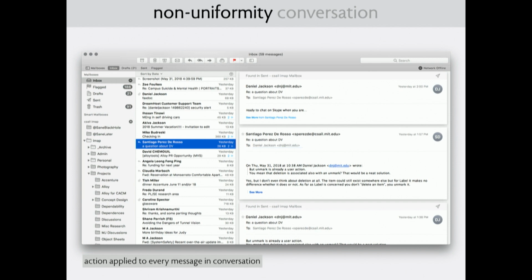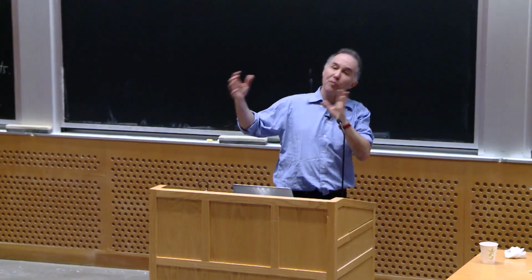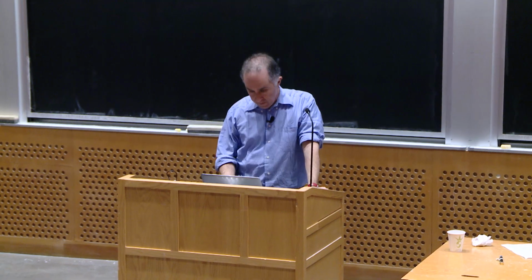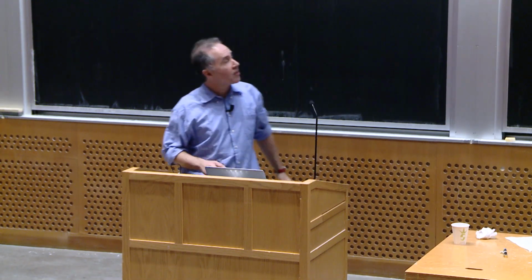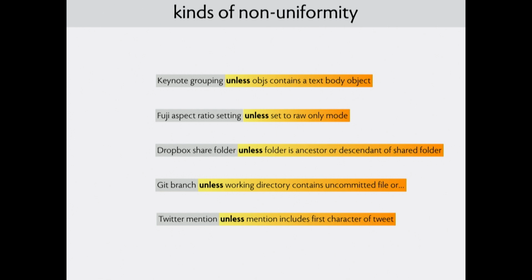So if that conversation has 10 messages, and 5 are in the folder and 5 are in other folders, it only moves 5 of the messages. It's very weird. Okay. And so there are lots of different kinds of non-uniformity. You could see the aspect ratio setting as a kind of non-uniformity. Here's one for Dropbox. Dropbox has this property that you can't make a shared folder if one of its ancestors or descendants is a shared folder.